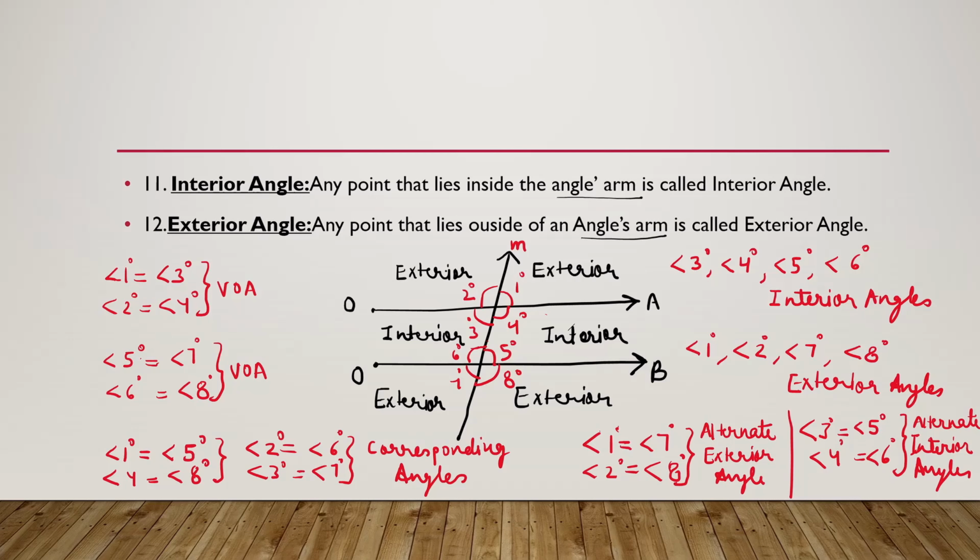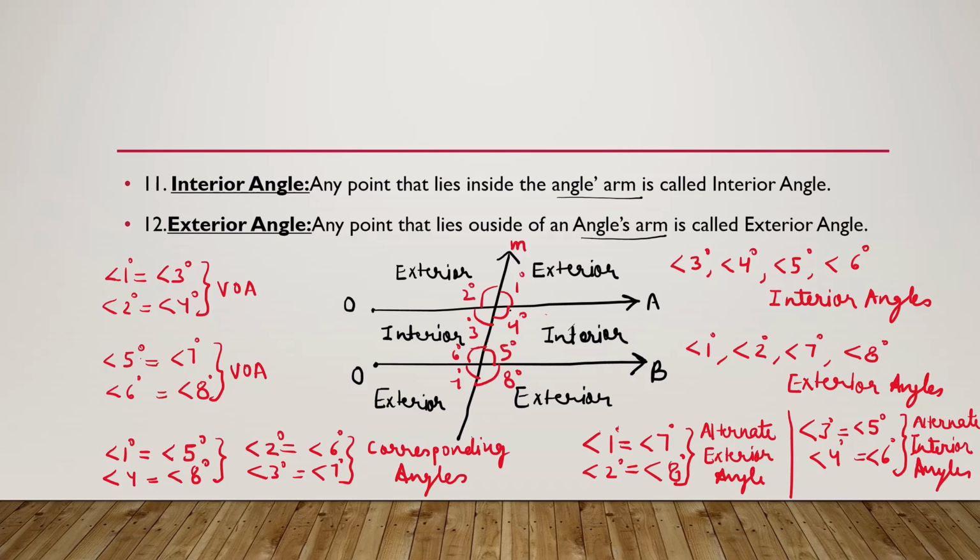So first I'll tell you about this image. In this image, line M is called a transversal. When a line intersects two parallel lines, that is called a transversal. So we can see now the angles formed by this transversal.